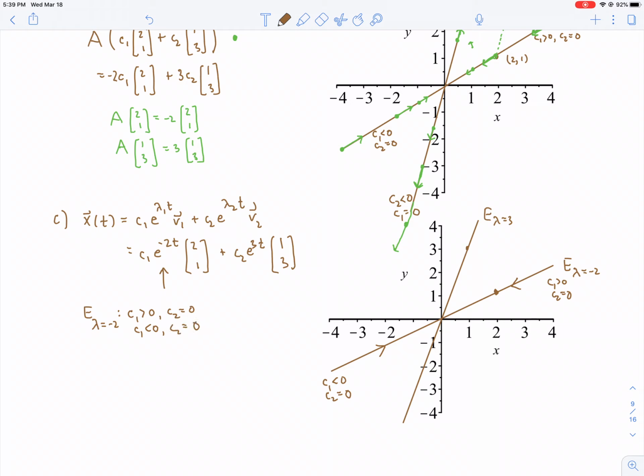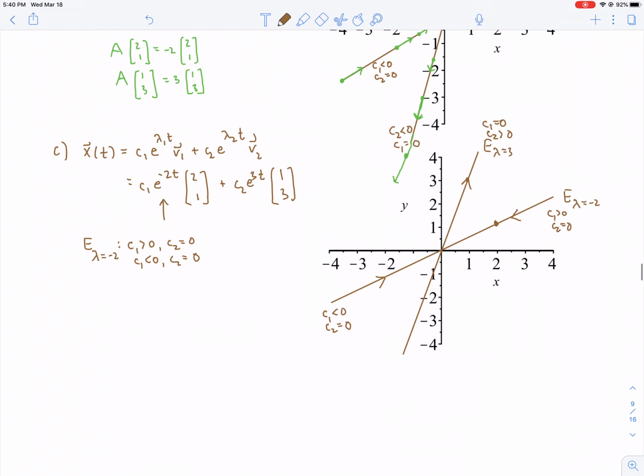So the upper half of that is when C1 is 0 and C2 is positive, but then the e to the 3t is growing, so the solution, which is just C2 e to the 3t times 1, 3, goes to infinity along that eigenspace.